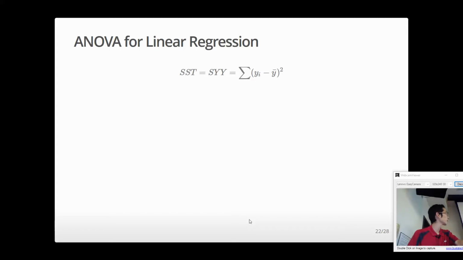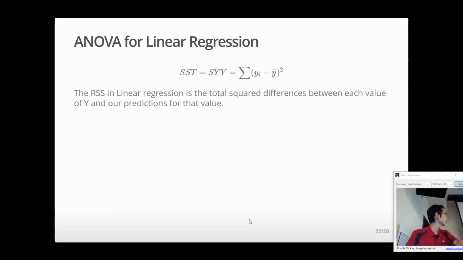So we have the total sum of squares, and then the residual sum of squares. This is the sum of squares that's not accounted for by our model. This would be the difference between each value and our prediction for that value, because our model says things should follow this line.